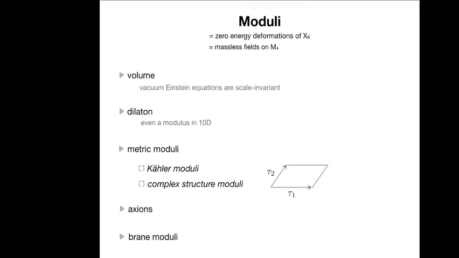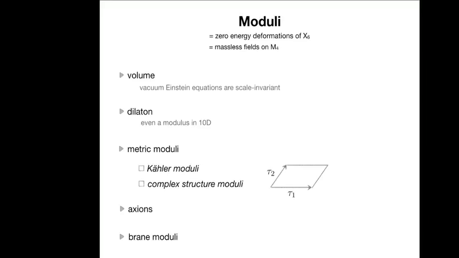We might have brane moduli by inserting localized sources of stress energy into the compactification, and the motion of these localized stress energy sources will appear as scalar fields in 4 dimensions. And then some very attractive candidates are axions because they're protected by basically a high-dimensional gauge symmetry from getting large couplings to the UV degrees of freedom. Okay, so these are the kind of things that you could try.